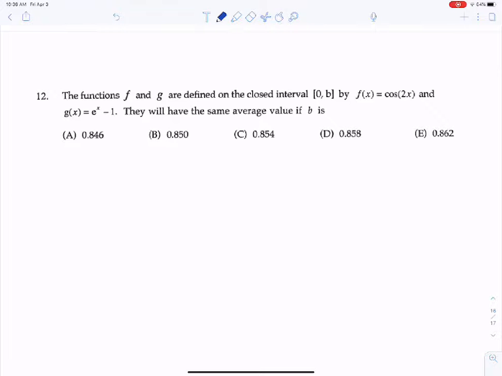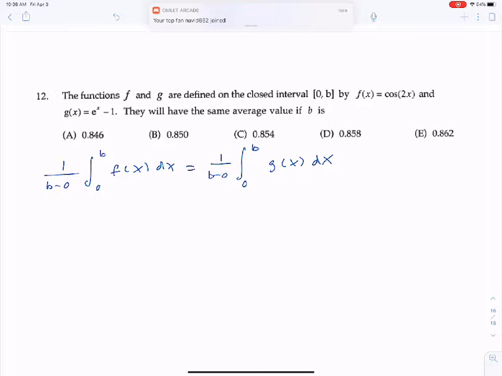In order to do that, I'm going to find the average value of f, from here to here, and I'm going to set that equal to the average value for g. Let me just double check my setup before I go on.